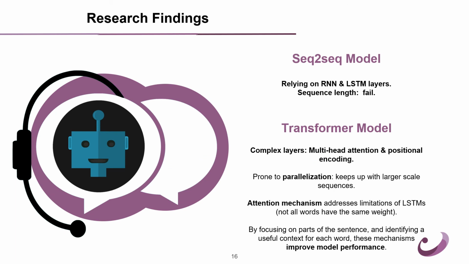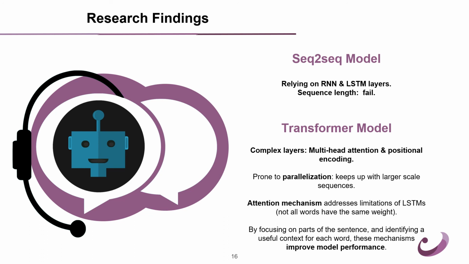This work focused on chatbot design techniques in order to create an advanced honeybot designed specifically to deal with Darknet activities. Sequence-to-sequence and transformer are both models that generate an output sequence when given an input sequence. As we have seen, sequence-to-sequence relies on recurrent neural network and LSTM layers, which with our sequence lengths might have set them up to fail.